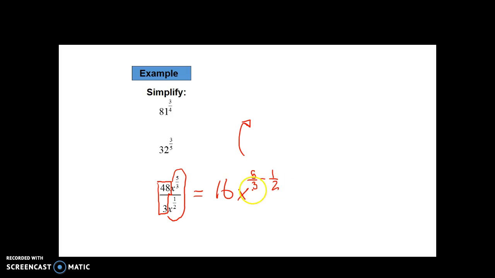Well, you can just multiply them, and it's 6. So let's make 2 fractions with the denominator of 6. Now 3 times 2 gave me 6, so 5 times 2 is going to give me 10. And same way over here, 2 times 3 gave me 6, so 1 times 3 is going to give me 3. Now we have common denominators, we'll subtract the numerators. That's going to be 7 over 6.